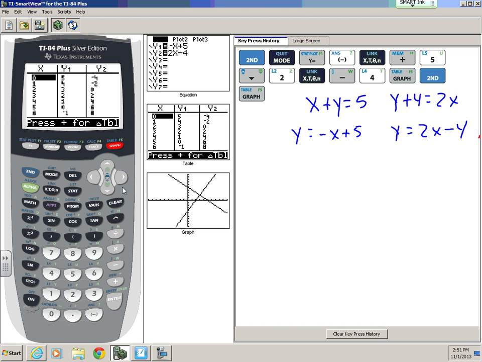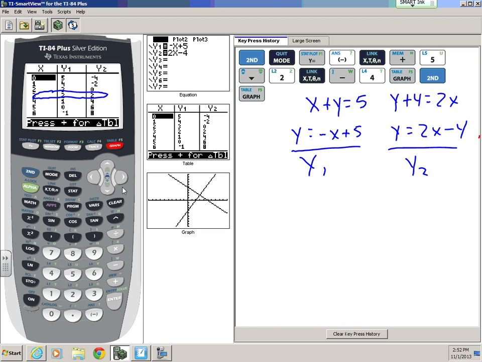Y1 is the equation y equals negative x plus 5, so those are the y values that match up. And then y2 is the other equation. What I am looking for is where these equations intersect.